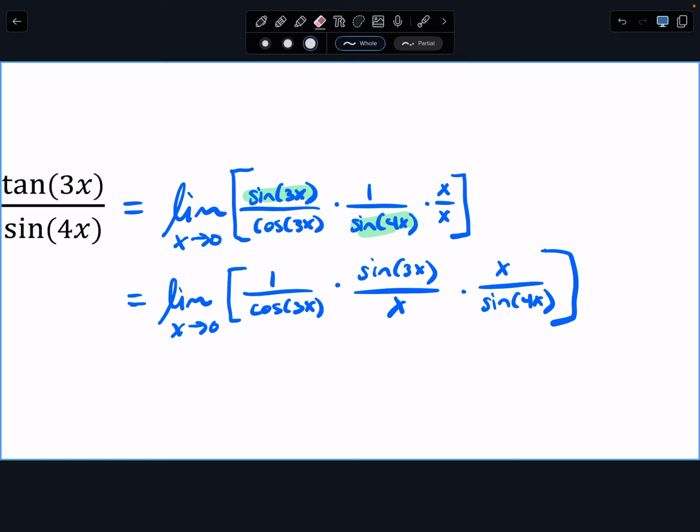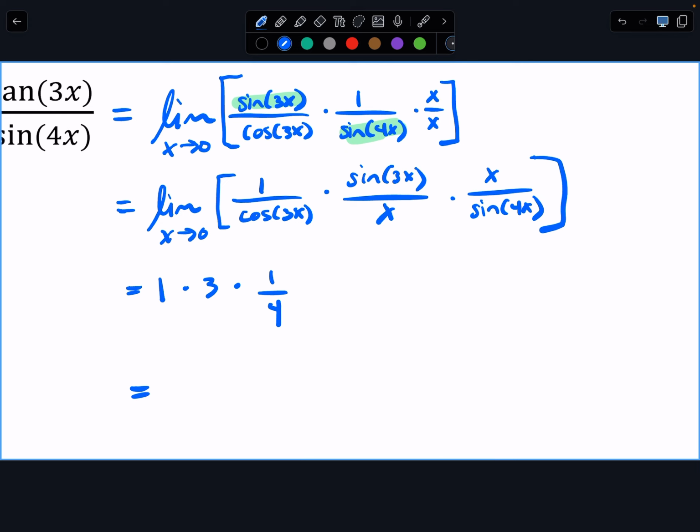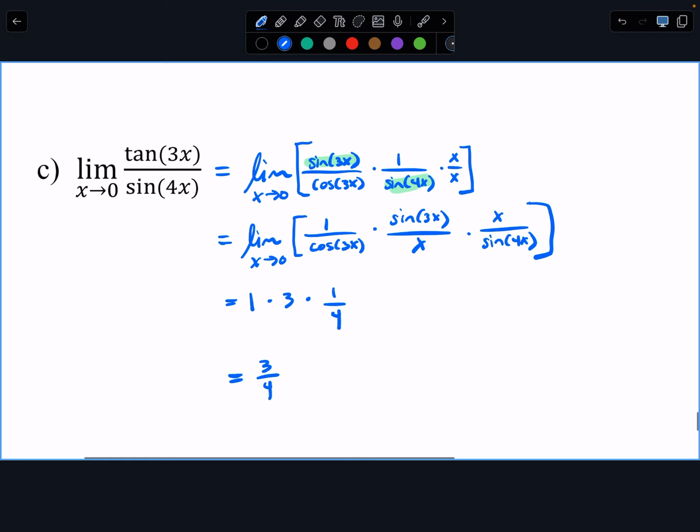So from here, direct substitution for that first fraction works, and we would get 1. Then times 3 times 1/4, where the limit ends up being 3/4.